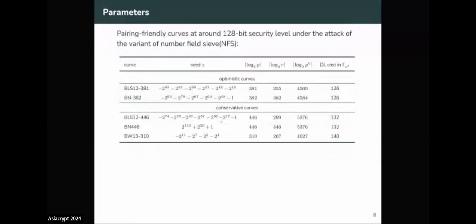In this table, we list the parameters for the BN, BLS12, and BW13 families that can provide around a 128-bit security level. We categorize these curves into 2 types. The first one is the optimistic curve, and the second one is the conservative curve.